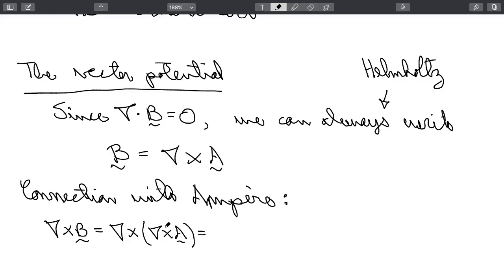But nonetheless, we can do this, and you can write an identity that this becomes the gradient of the divergence of A minus the Laplacian of A. And this thing, we know from Ampere, has to be mu0 times the current density J.